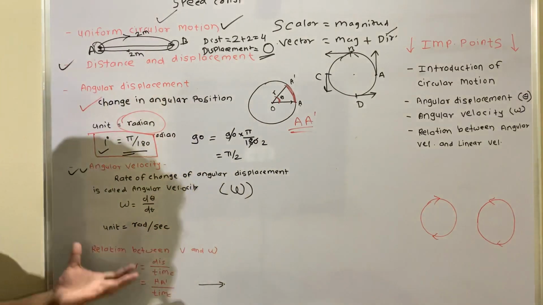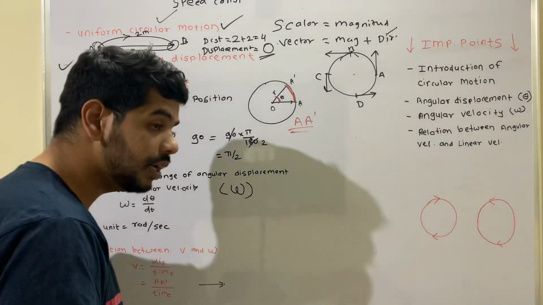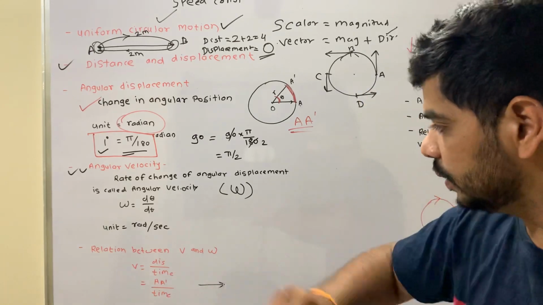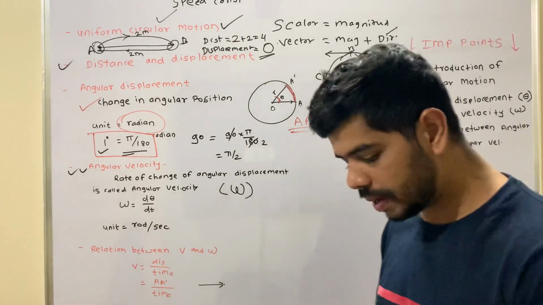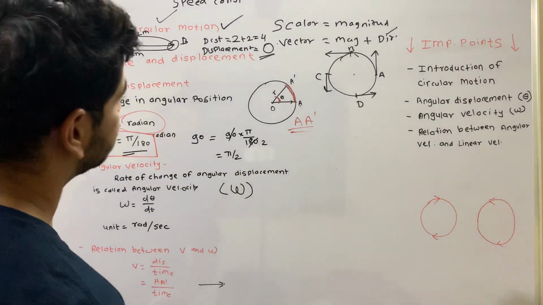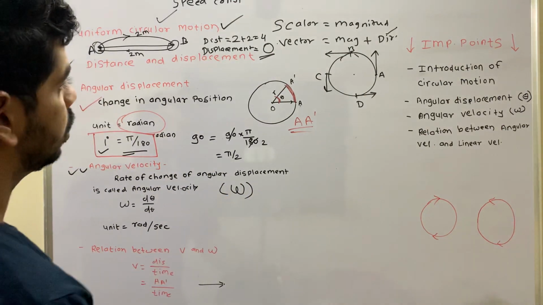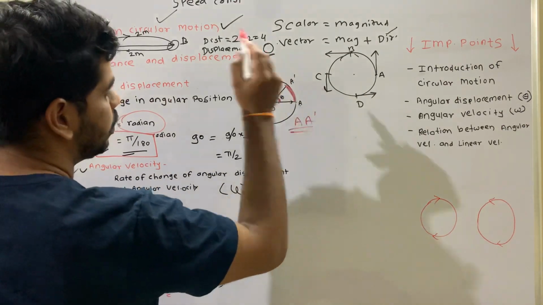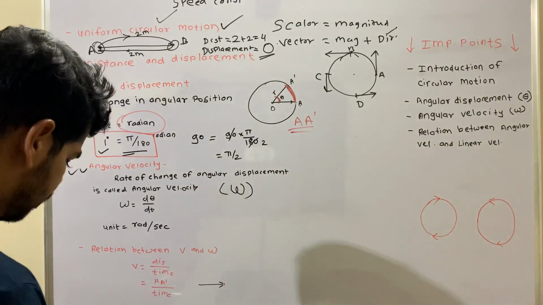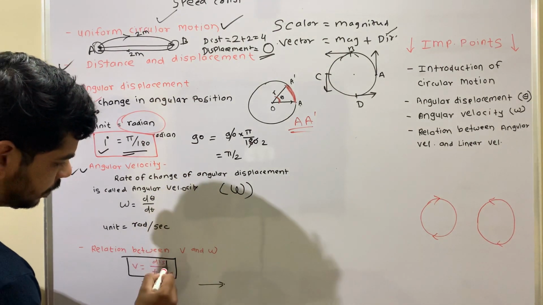So angular velocity. Then we will discuss the relation between the linear velocity and angular velocity. Here linear velocity is represented by v and angular velocity is represented by omega. So how to find out? Just stay tuned. What is the change? Suppose we are considering a small change. First of all, we know that velocity is equal to displacement upon time.